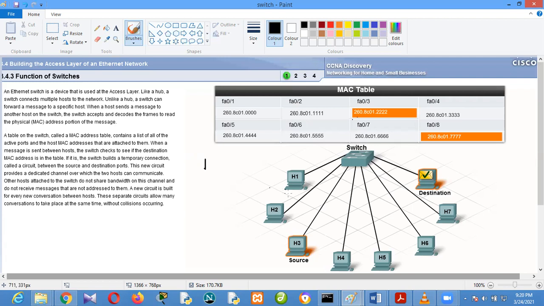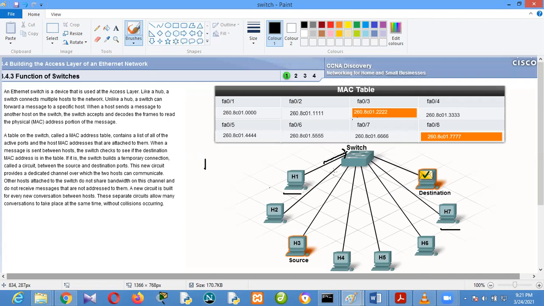So if H1 wants to communicate with H7, it might start to ask who is H7. It will not ask the switch who is H7, and the switch does not know H7 yet because everybody just got connected. So H1 is asking who is H7.